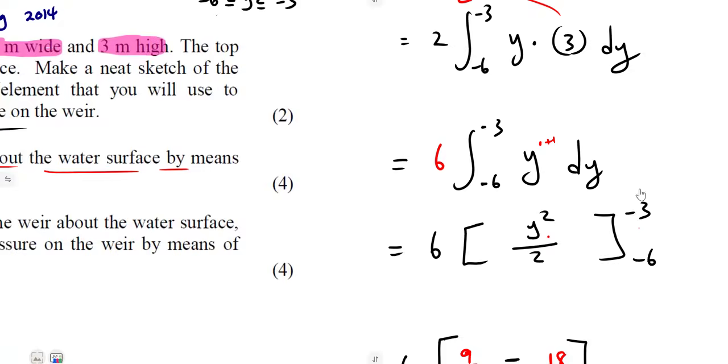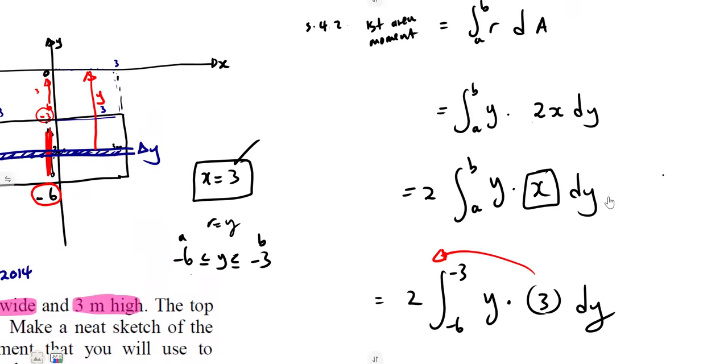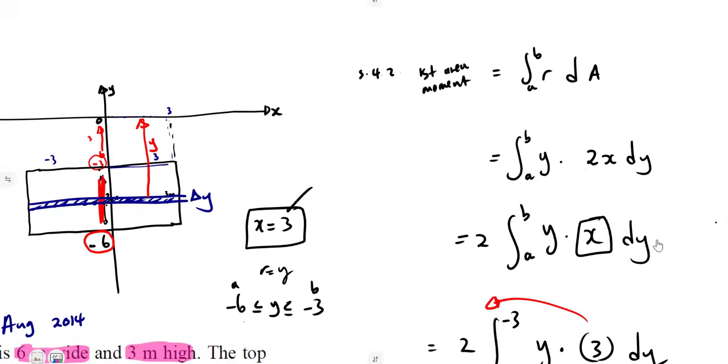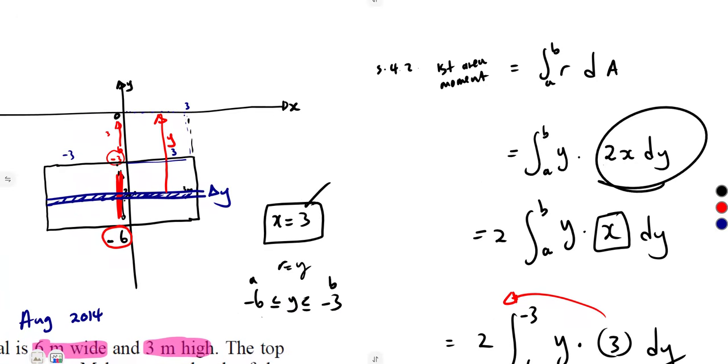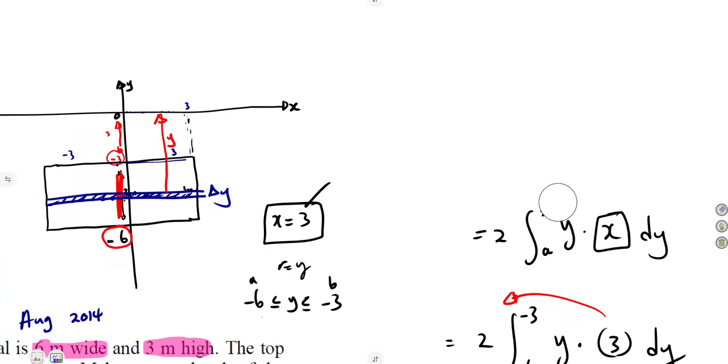Just like that. Integrate, as you can see, it's integration that is left there. Here, guys, it's going to be like always for the first area moment. As long as this is below the x-axis, your r is equal to y, your dA is 2x dy. You substitute the x with what it represents, then you integrate just like that.